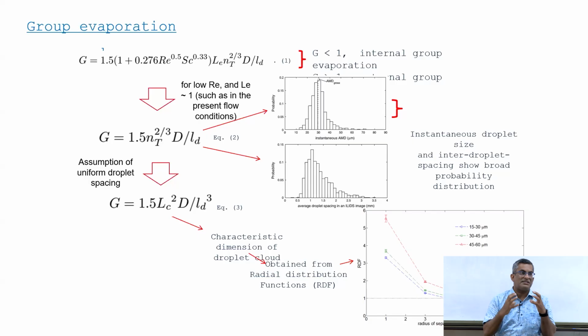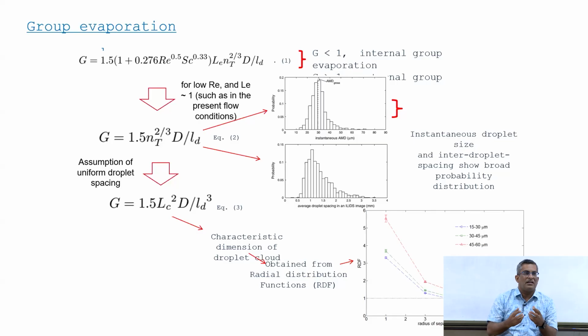And this may be linked to the earlier observation that I presented, that the vapor concentration or vapor mass fraction at the same location differs significantly even if the number count is the same.